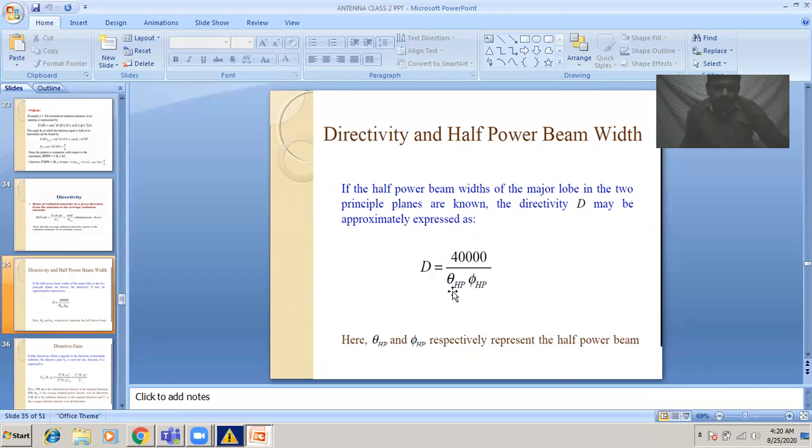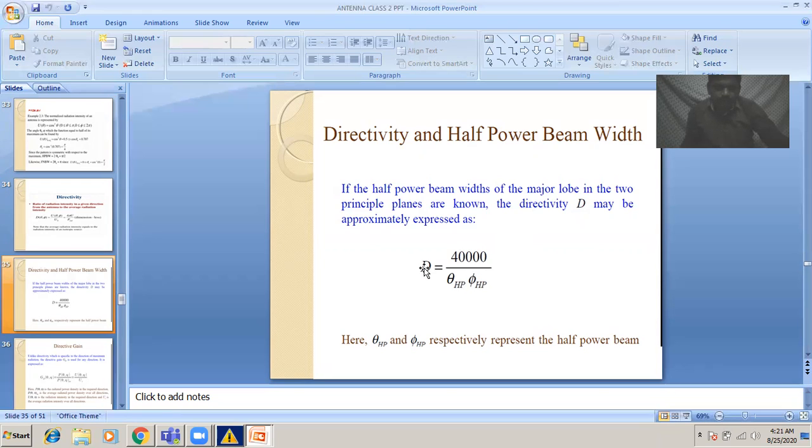It is because the radiation pattern is a three-dimensional graph. So therefore, the beamwidth can be measured in two planes. One is the azimuthal plane, and the other is the beamwidth in the elevation plane. So here this is half power beamwidth measured in the azimuthal plane, and half power beamwidth measured in the elevation plane.